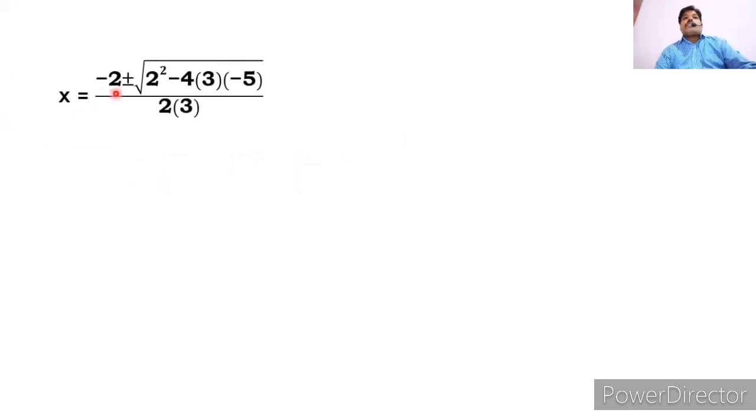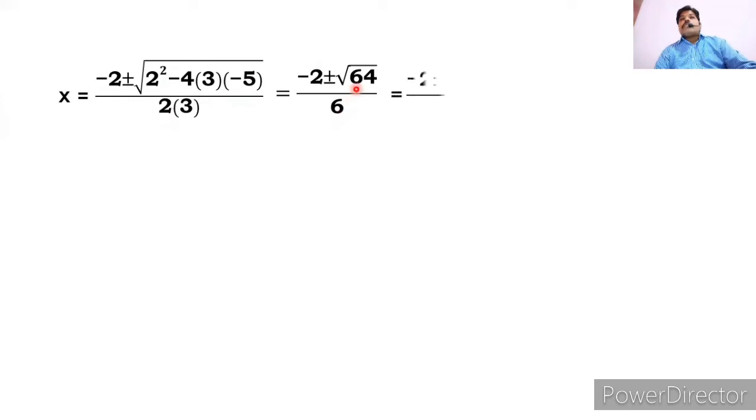So x is equal to minus b plus or minus square root of b square minus 4, a value is 3 and c value is minus 5, by 2a, that is 2 into 3. Replace the values, and what you will get here is minus 2 plus or minus root 64 by 6.